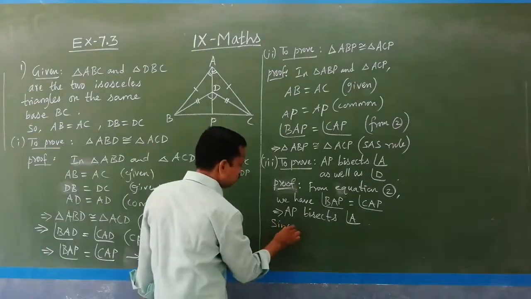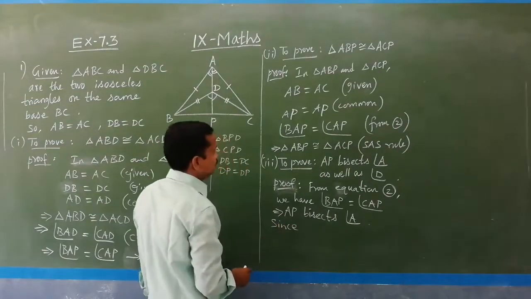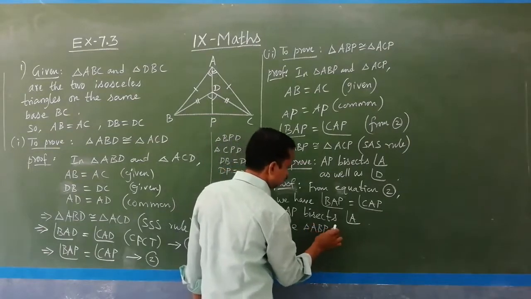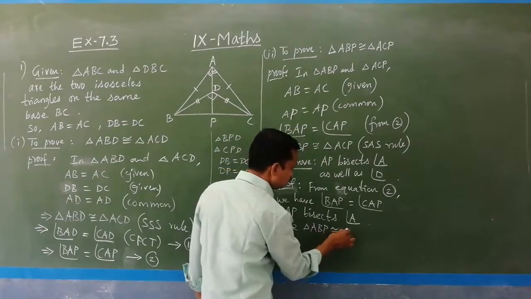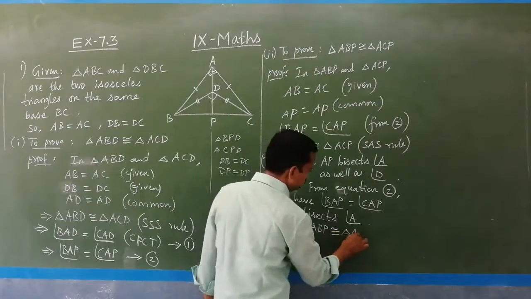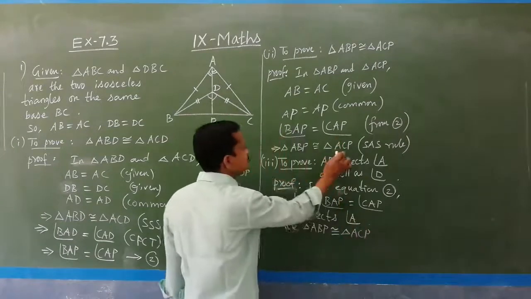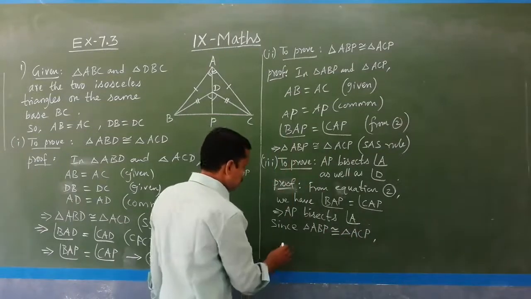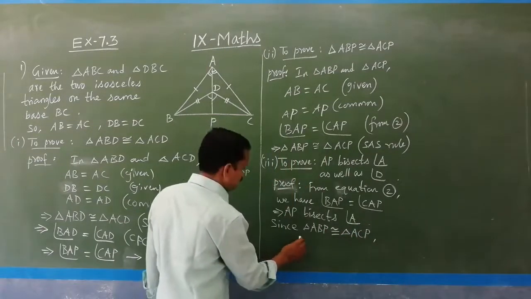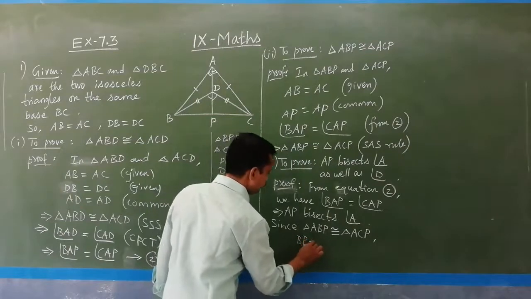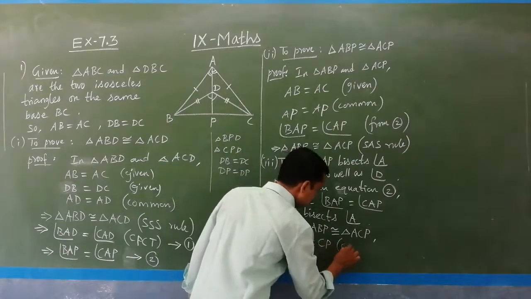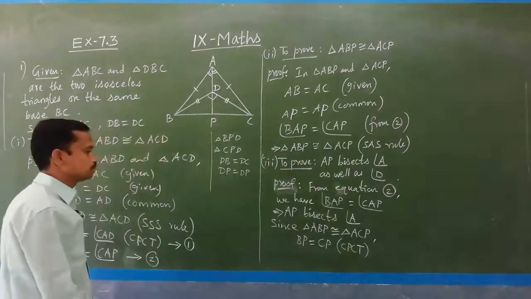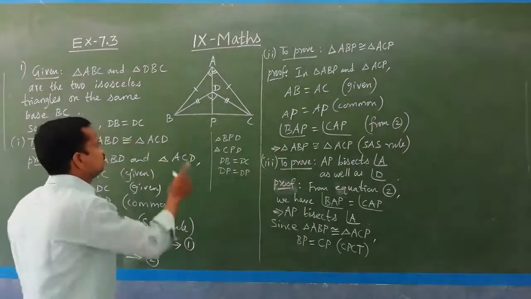So first of all you have to take: since triangle ABP is congruent to triangle ACP, by CPCT we can say BP equal to CP. Clear? By applying this we can say these two triangles.